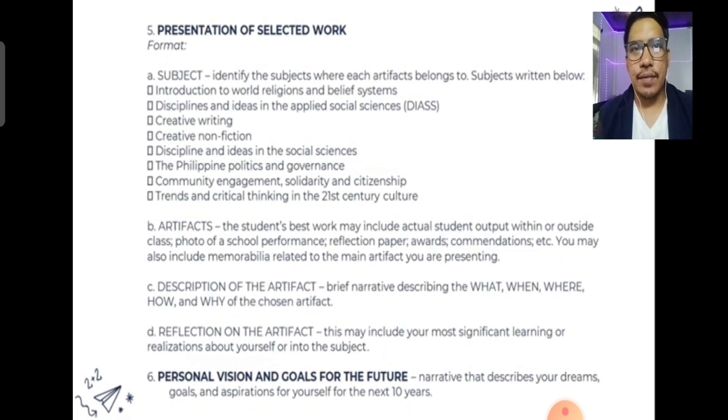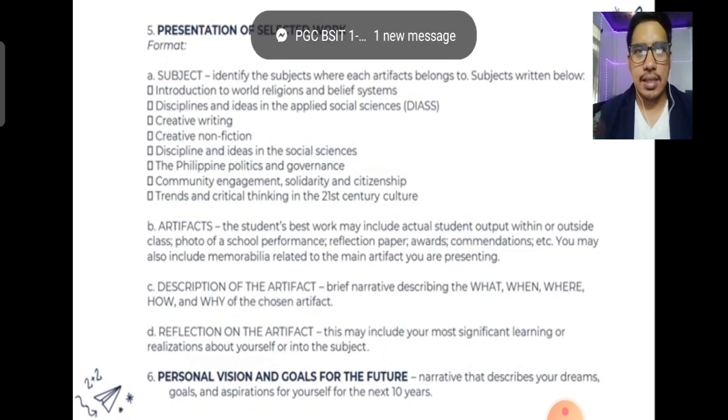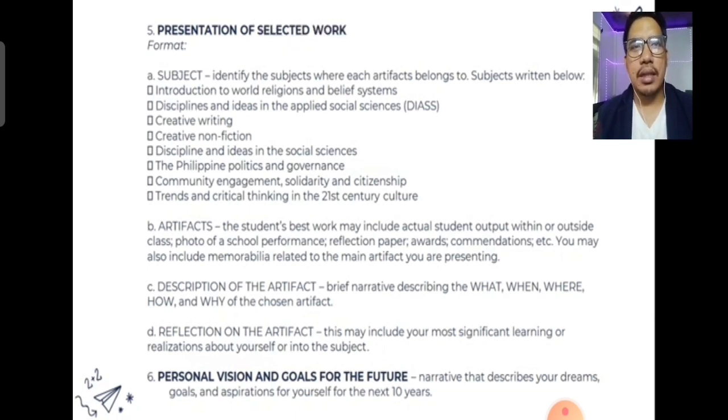Number 4, Creative Nonfiction. Number 5, Discipline and Ideas in the Social Sciences. Number 6, the Philippine Politics and Governance. 7, Community Engagement, Solidarity, and Citizenship. And the last one, the Trends and Critical Thinking in the 21st Century.